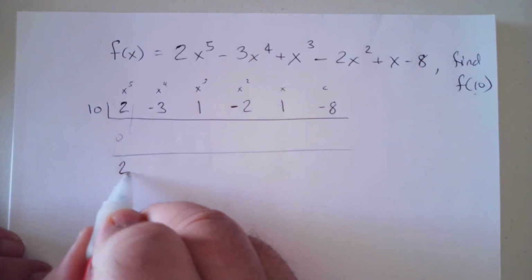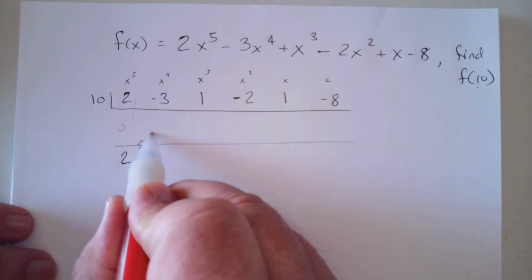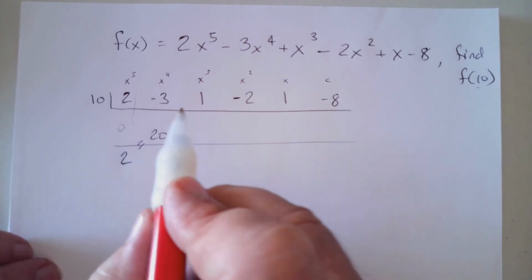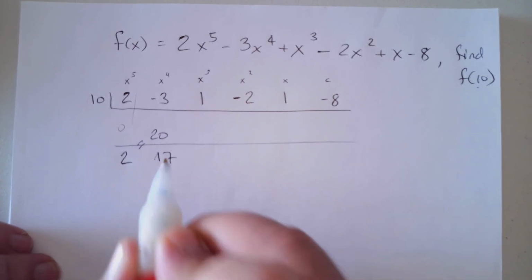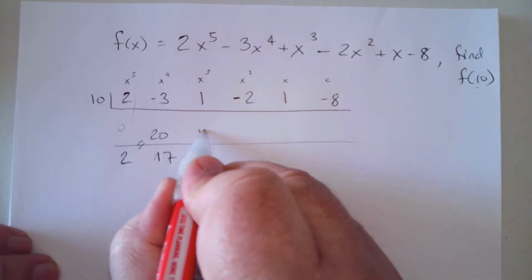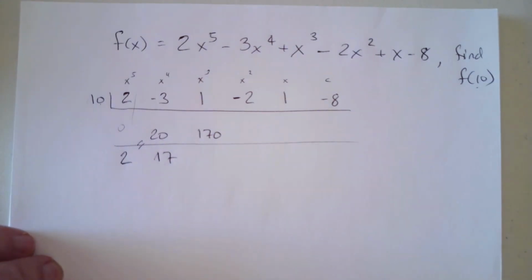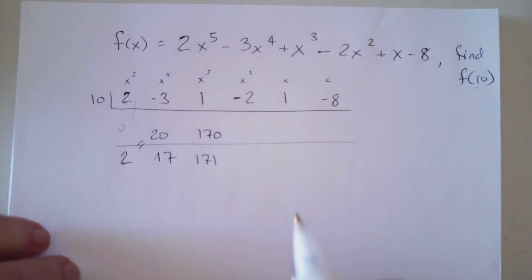Bring the first one down. Now, 10 times 2 is 20. 20 minus 3 is 17. 10 times 17 is 170. 170 plus 1 is 171.